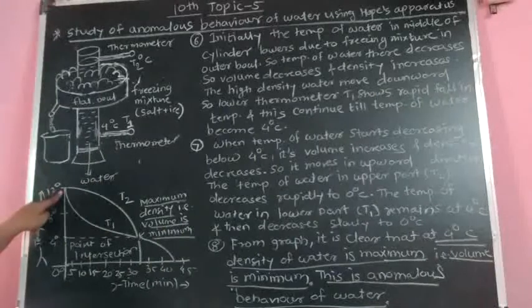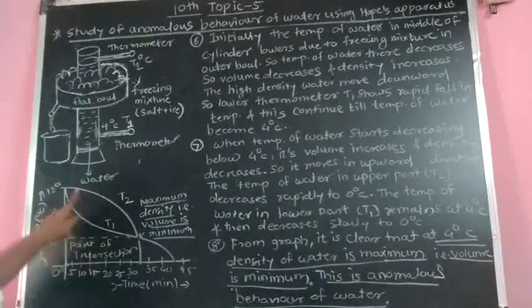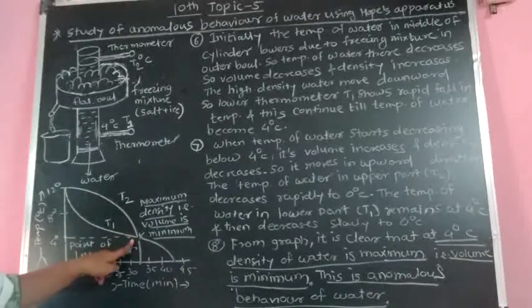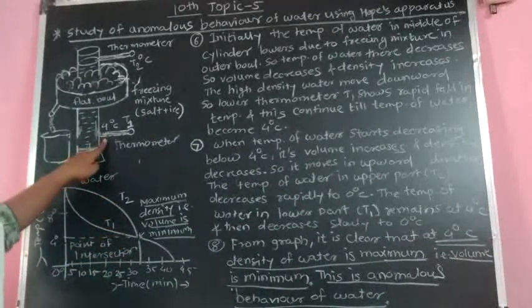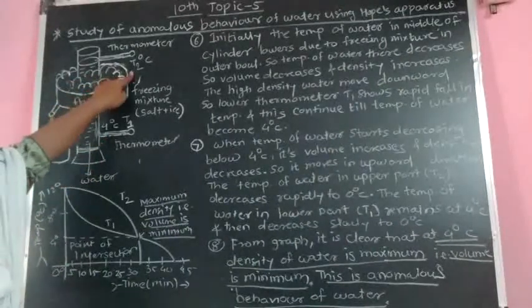That is, initially both thermometers show the same temperature. After some time, T1 decreases fast, T2 decreases slowly, but at 4 degrees Celsius, the temperature in thermometer T1 remains as it is. At that time, the temperature in T2 decreases fast.